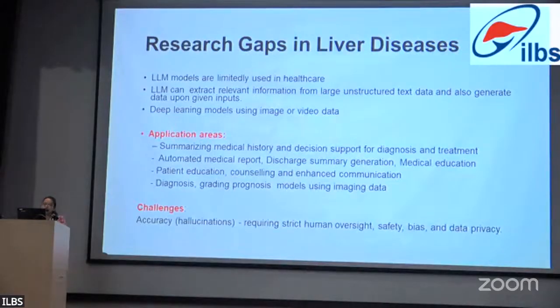So the clinician's insight is always very much required in the development phase, and regular interaction between the data science, the technological person and the clinical person is very, very important for the development of a model, because the accountability, at the end of the day, is with the clinicians.